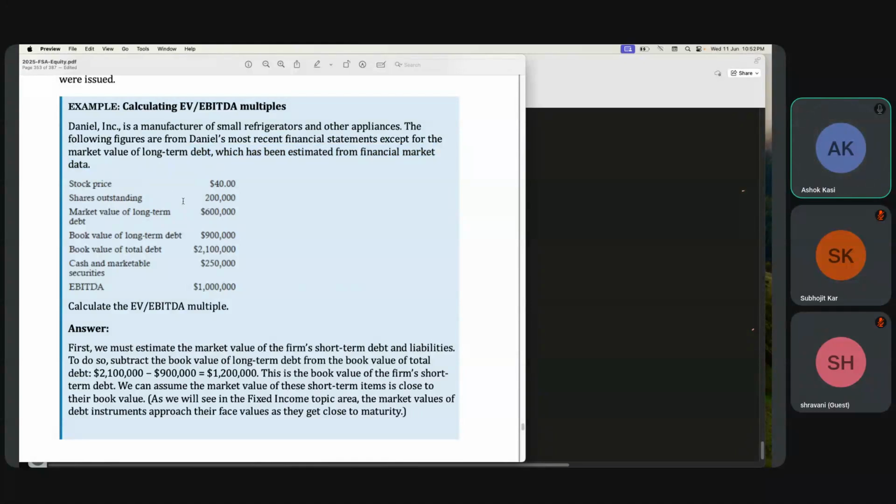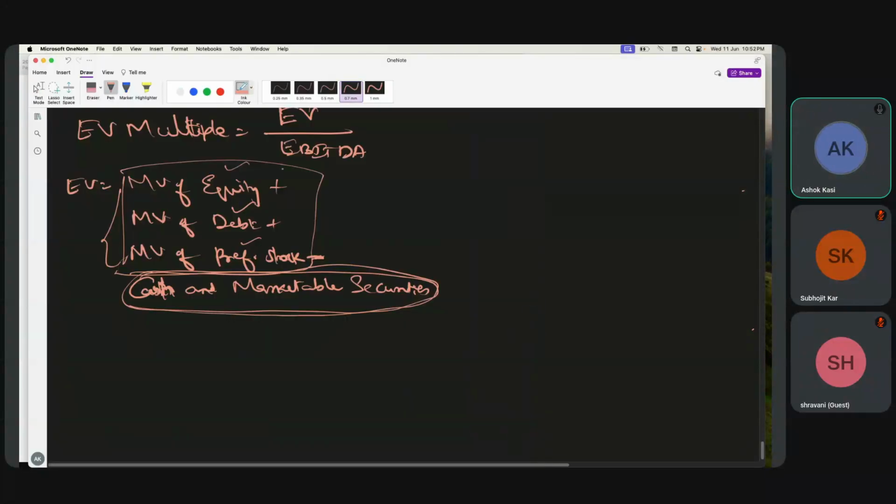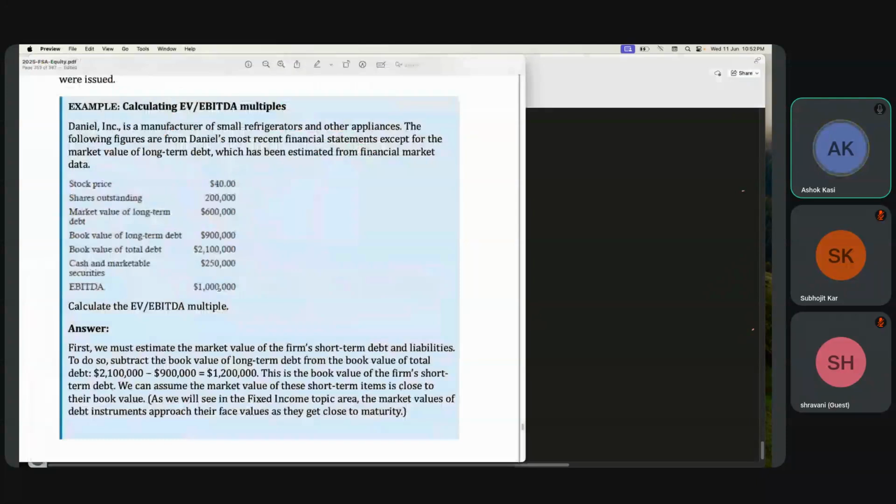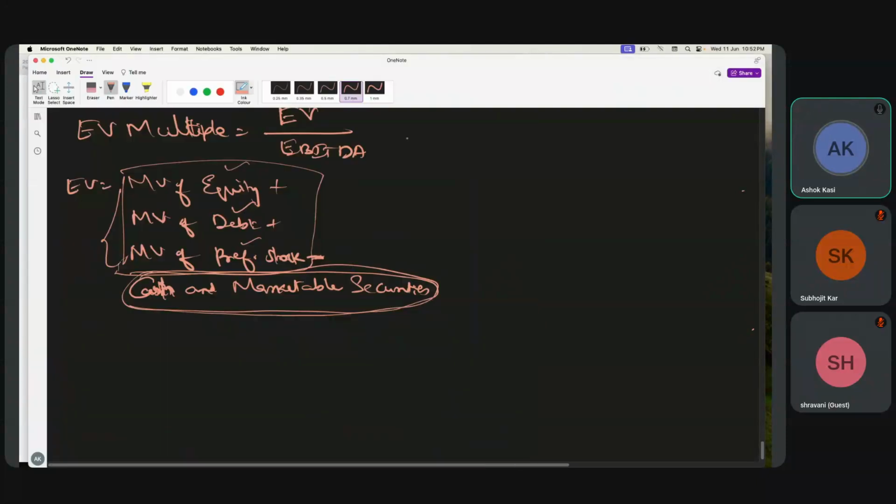Stock price, shares outstanding, market value of long-term debt, book value of long-term debt, book value of total debt, cash and marketable securities, and EBITDA. See, first of all, EBITDA is directly given, 1 million. So easy, that one.